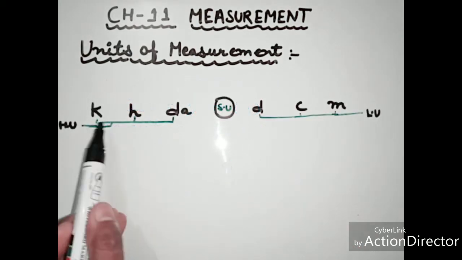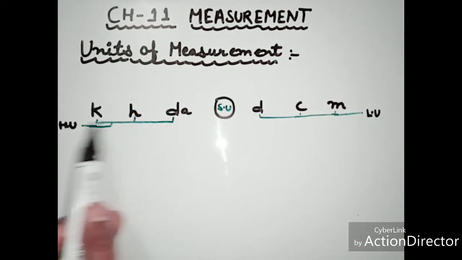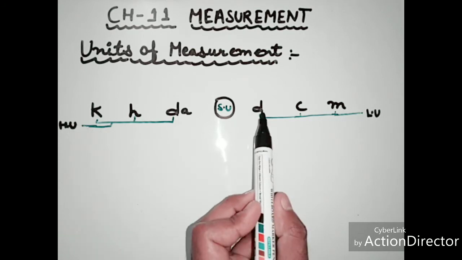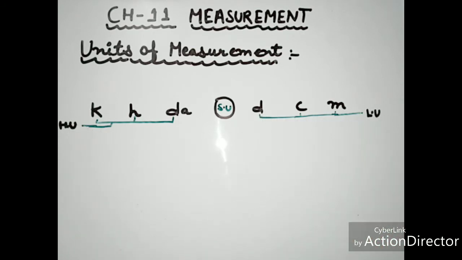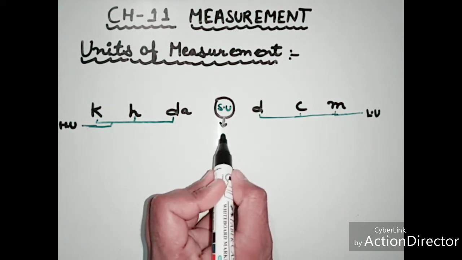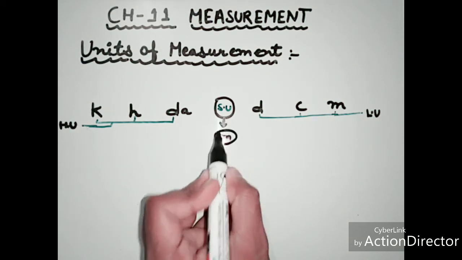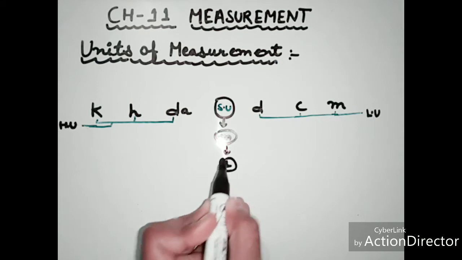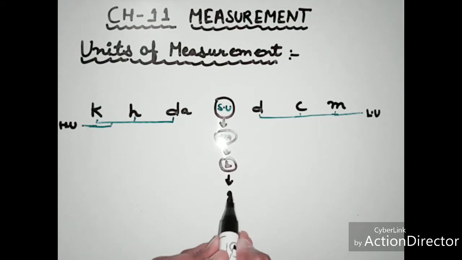Here these three are known as higher units and these three are known as lower units, and in the middle we write standard units like meter, liter and gram.